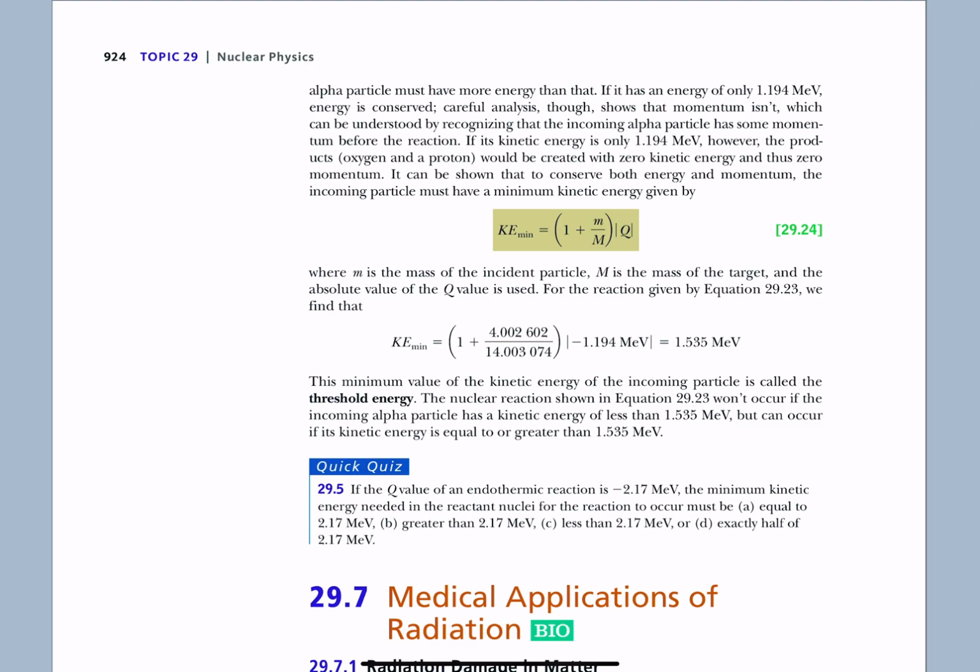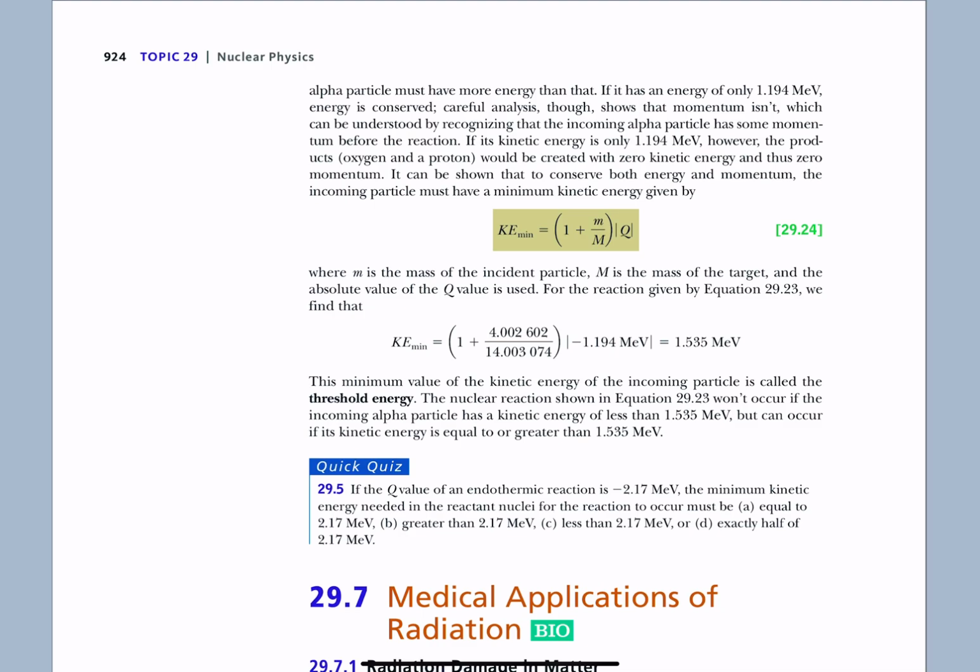Finally, we could calculate the threshold energy for a particle that is bombarding a large nuclide and realize that as that particle, such as an alpha particle, is traveling at a rapid speed because it's been accelerated in our particle accelerator towards a target nucleus, oftentimes that positive particle, like an alpha particle, of course, has to overcome the repulsion to another positive particle, which is the nucleus of the target.